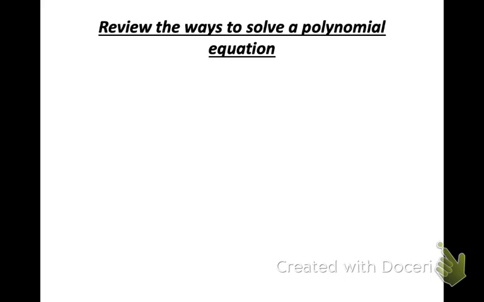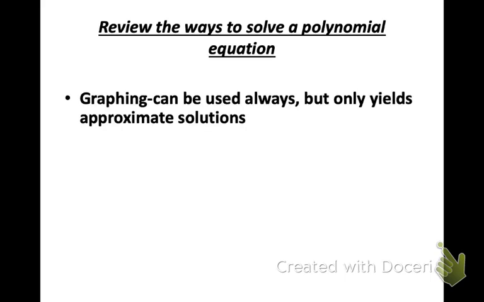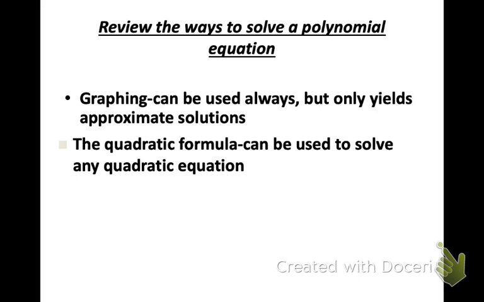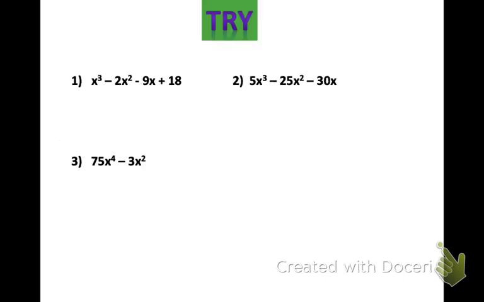Okay, so these are the different ways we've looked at. We looked at graphing, and graphing is nice because you can approximate, you can actually see the direction. We looked at bridges, we looked at dolphins jumping, the quadratic formula. We looked at factoring. All right, pause the video and see if you can do these.